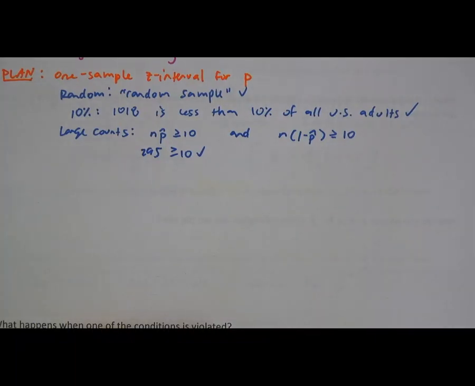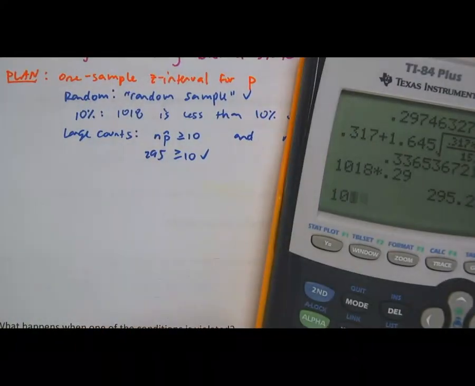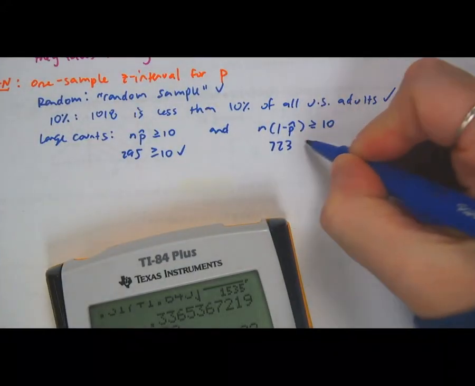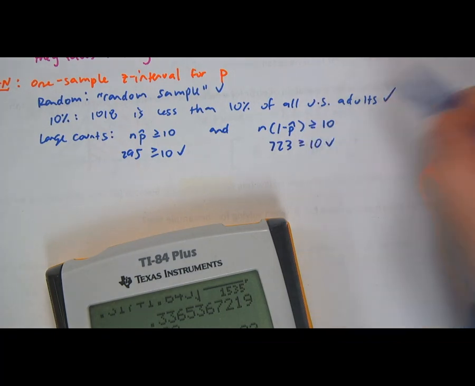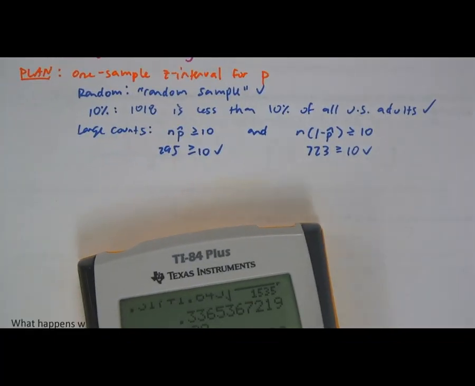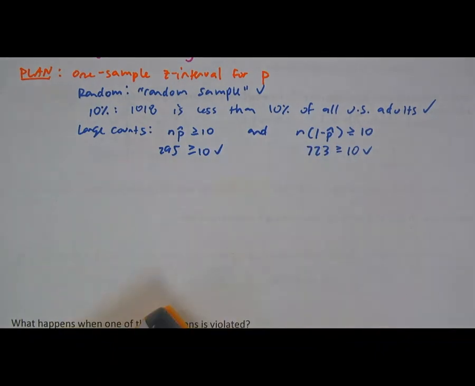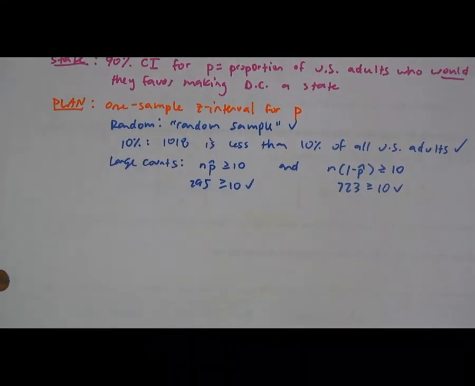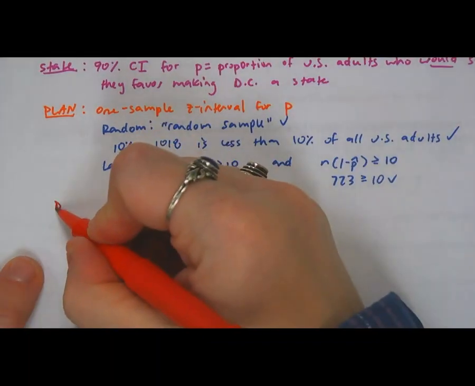And then I'm just going to take the sample size, 1,018, and subtract off those people. And 723, we could consider these fails in a binomial setting, but those will add together to be your sample size. Those are both greater than or equal to 10, which means our plan step is now complete, and we're going to move on to the do, which is actually figuring out what the confidence interval is.